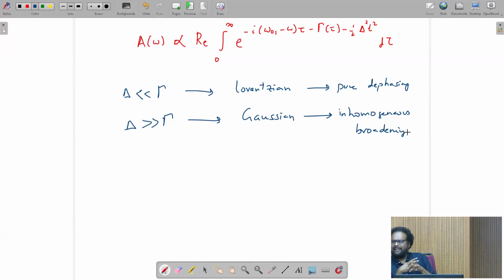The problem, the headache comes when my homogeneous and inhomogeneous broadening are combined. Which is unfortunately the case with some of the systems that we work with.